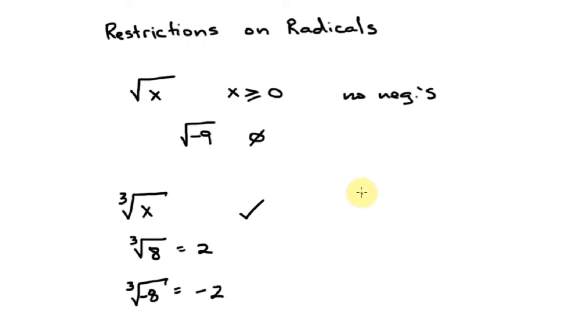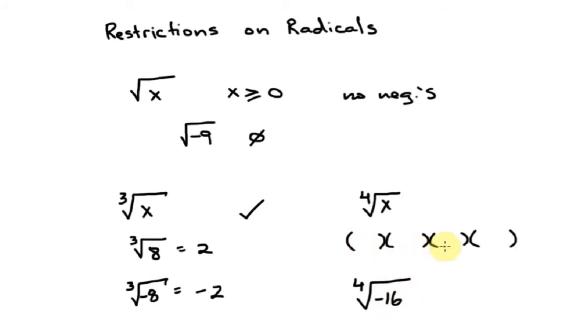Just to show you the difference, what if I kept going and said, what about a fourth root of x? Well, this is very similar to a square root. Because there's an even number of groups multiplied together, there's no way this is going to work if x is a negative number. For example, let's say -16.